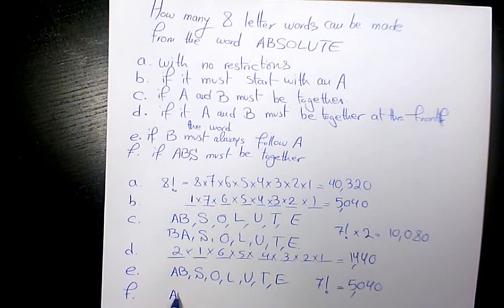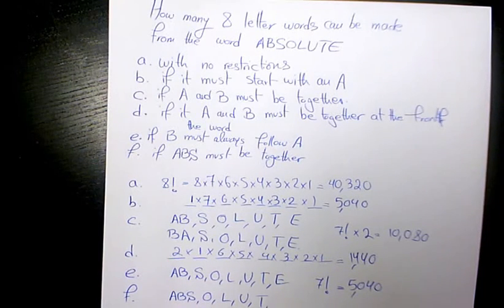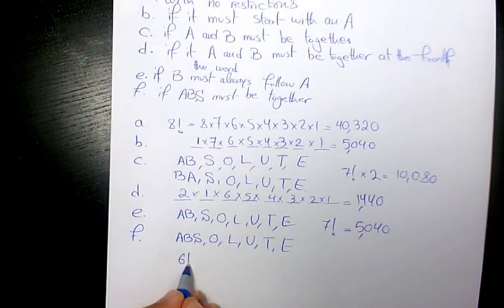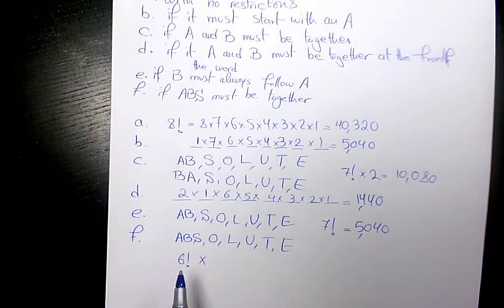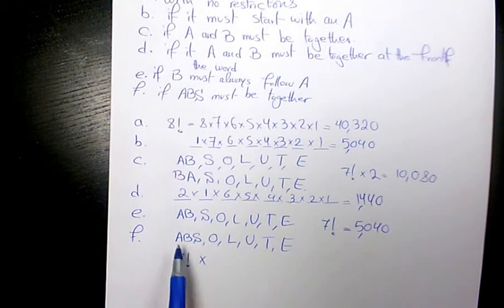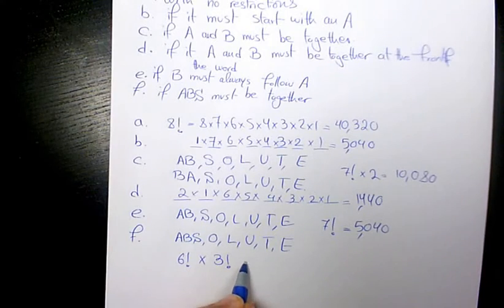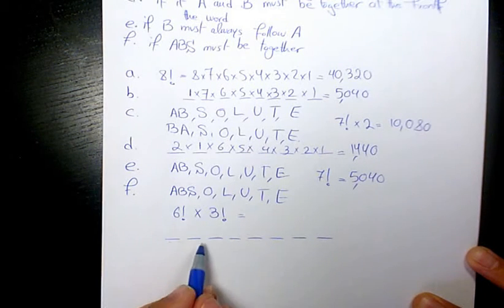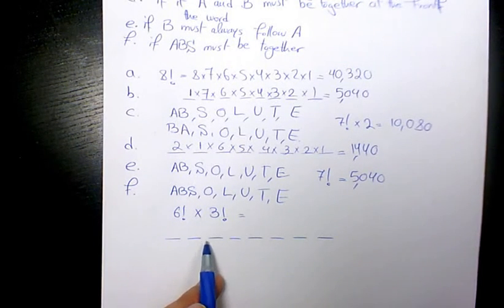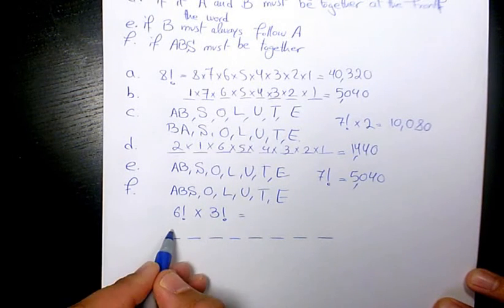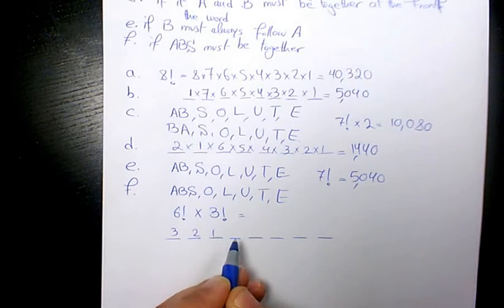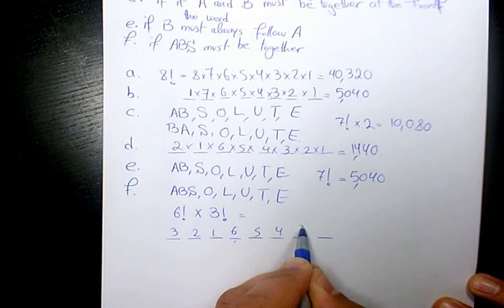We have A, B, S, and the rest of it is going to be O, L, U, T, E. So we have 6 factorial, multiplied by 3 factorial for the arrangements of ABS.